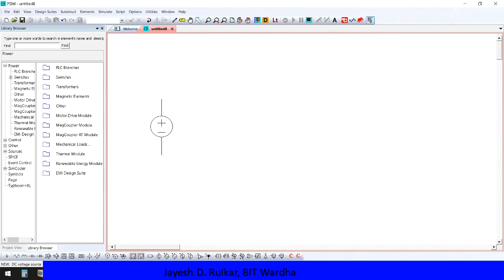Let us take this as a voltage source. Then I need an inductor. This is my inductor. Then I need a switch. I will use it here. This is my switch, and for the switch we need a PWM pulse, and then we require a capacitor here.